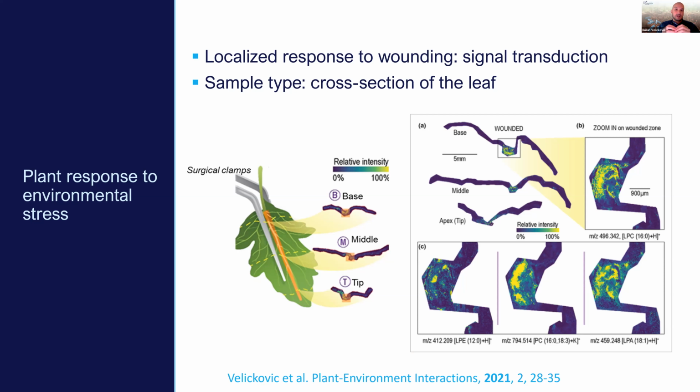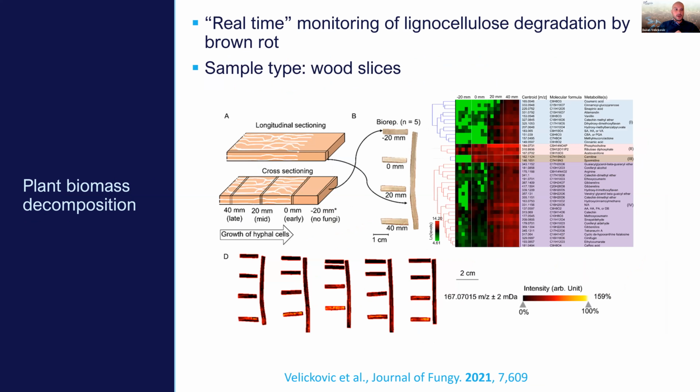We just wound the leaf, for example with surgical clamps, then take a cross section of the leaf, and then can see where specific metabolites are located, and we can track if they're located exactly at the position where we wounded. So it can be a really good way to track, for example, signal transduction during plant response to some environmental stress.